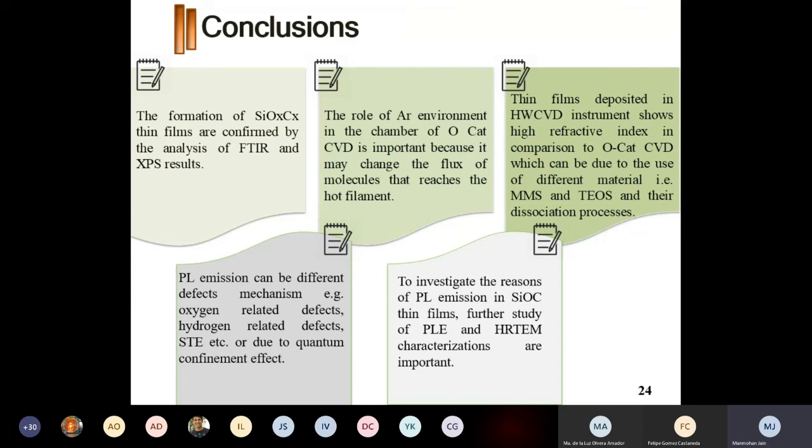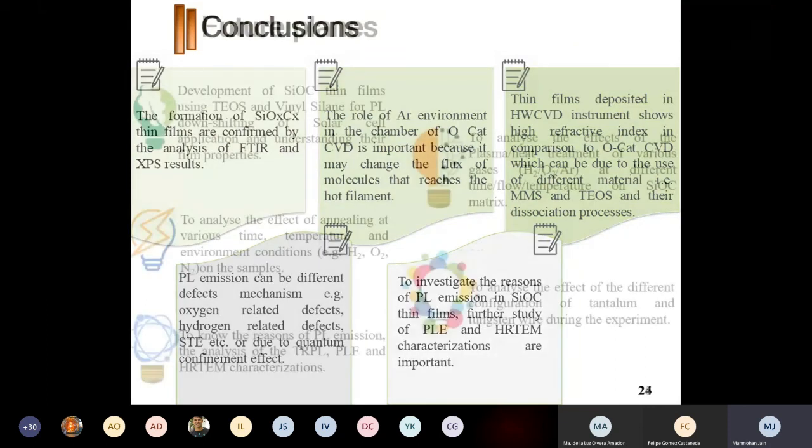To investigate the regions of PL emissions in silicon oxycarbide thin films, we need to further study PLE, total emission and HR10 characterization, which are important to get the PL emission regions.